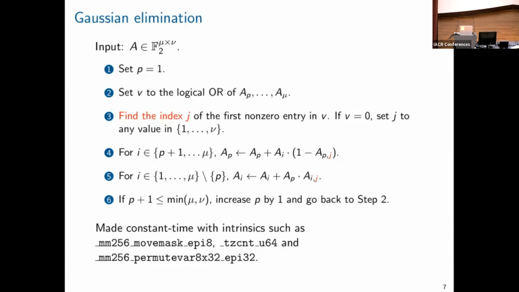And by finding the first index j that's non-zero in this vector v, you will be able to figure out the column index of your pivots.